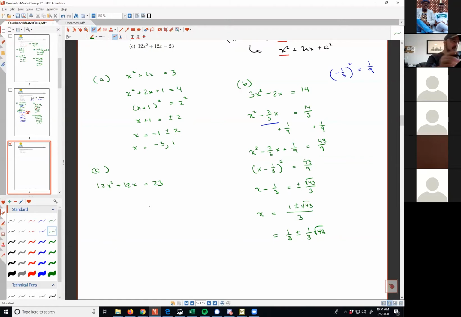Divide by 12. Okay, we're back to having a quadratic on the left-hand side with lead coefficient 1. How do we complete the square?